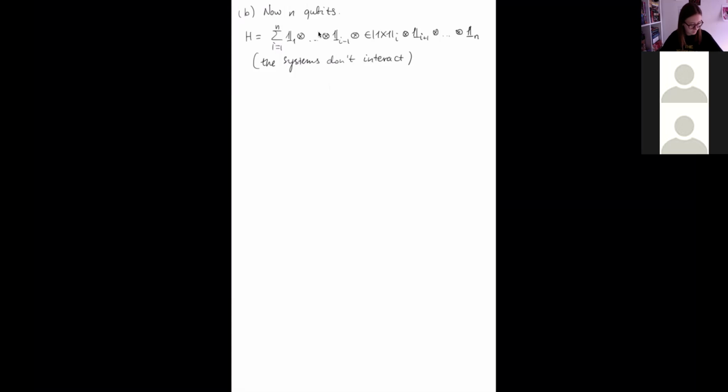Okay, and suppose now, just to start, that this joint system of n qubits is in the thermal state.